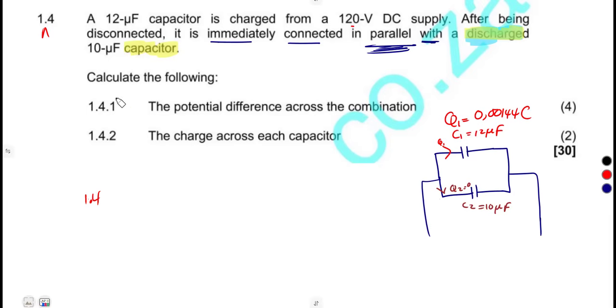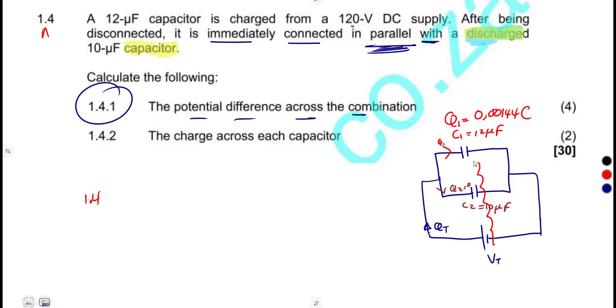From there, you can calculate the potential difference across that parallel combination. We are going to need the potential difference, which is simply the total voltage across these. We know that it's a parallel combination, so VT is the same throughout.